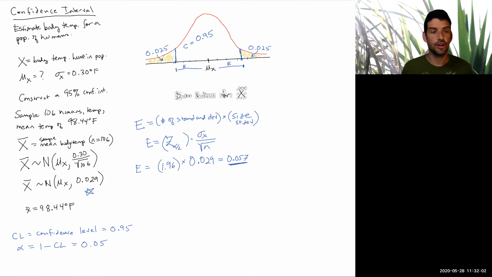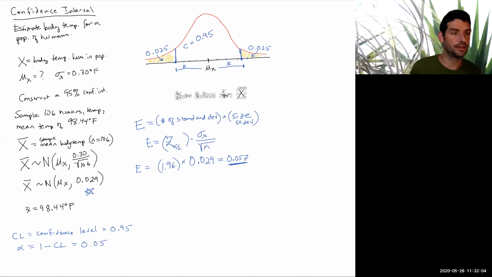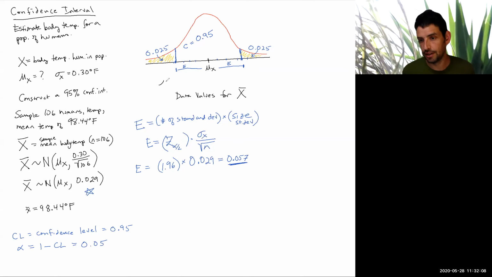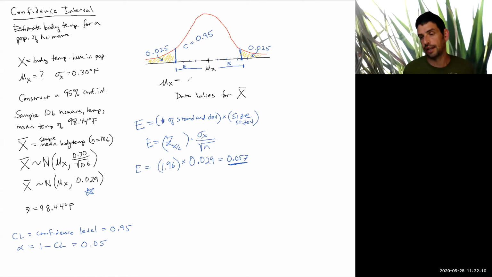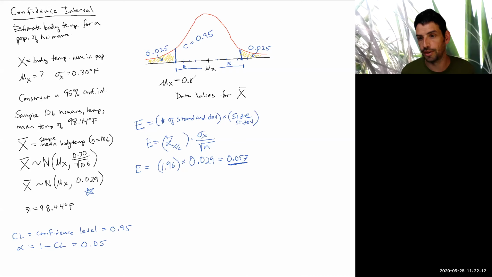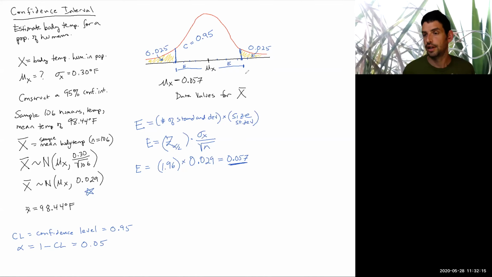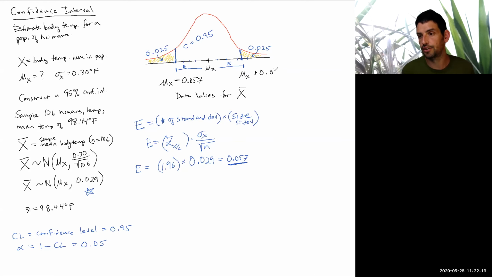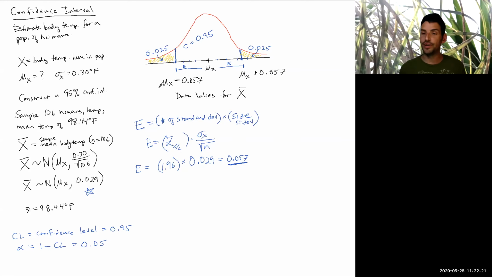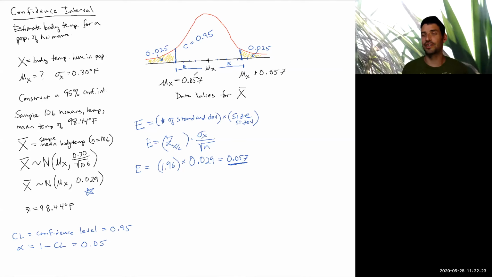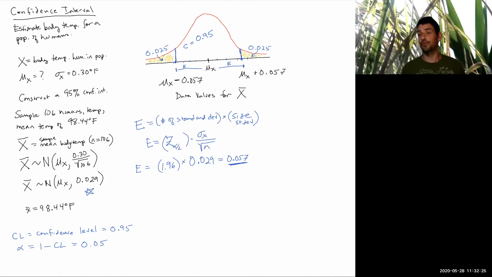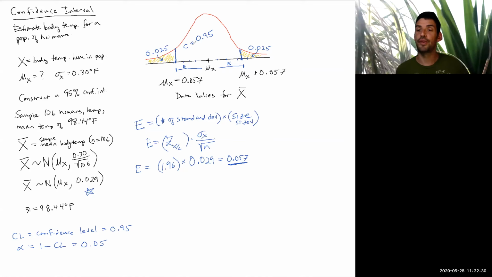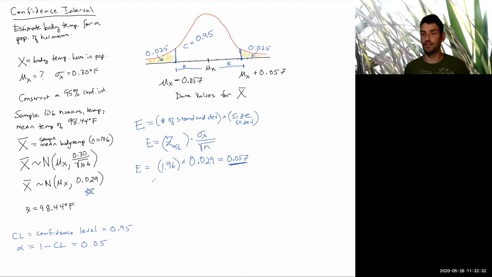All right, so what this is telling me is if I take the mean and subtract this error from it, and I take the mean and add this error to it, we don't know what the mean is. So I don't know what these numbers are exactly, but I do know that if I go this far below and this far above the mean, that between those two numbers, I get 95% of the data.